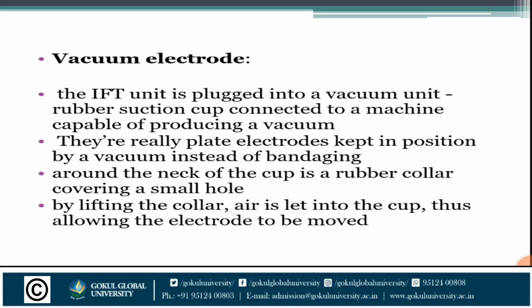So for that electrode over that area we are using a vacuum, but for the other electrode there is a need of bandaging. So for the stabilization in this, we are not using any type of bandage. Around the neck of the cup, there is a rubber collar covering a small hole. By lifting the collar, air is let into the cup, thus allowing the electrode to be moved.